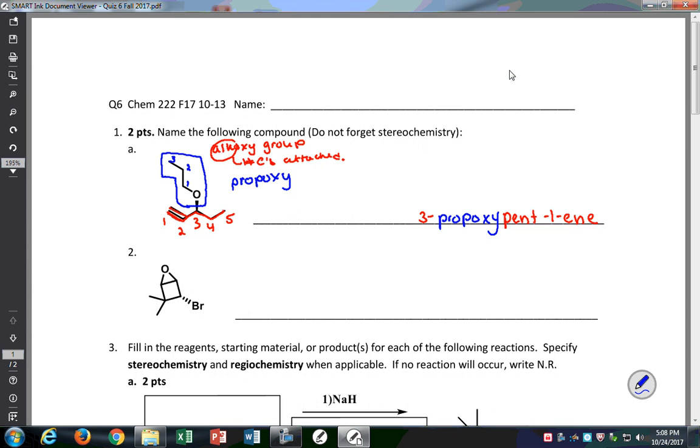So now we just need to name the stereochemistry, and of course, our oxygen is going to be highest priority. Then we have a double bonded carbon and a single bonded carbon. So remember, we treat our double bonds as if our carbon was bonded to 2 carbons, or 2 of whatever atom the double bond is between.